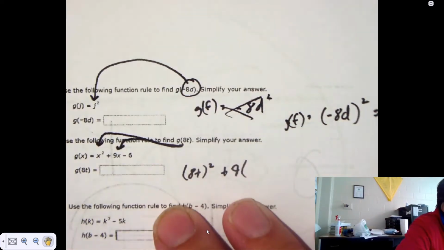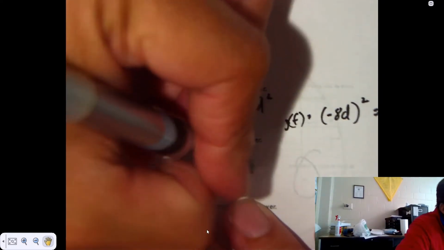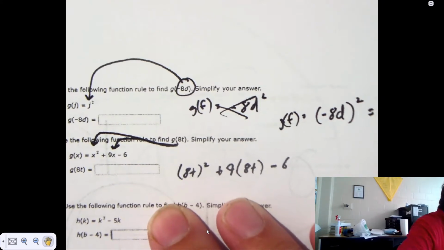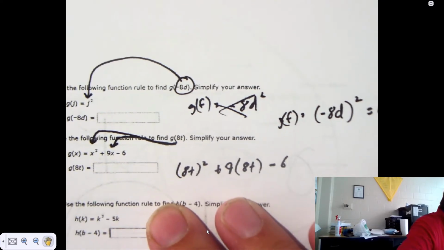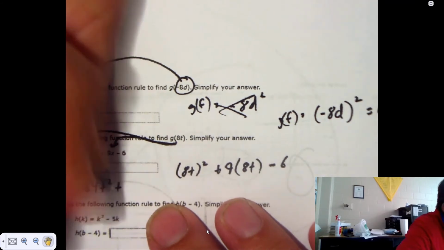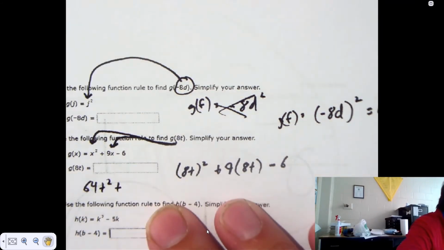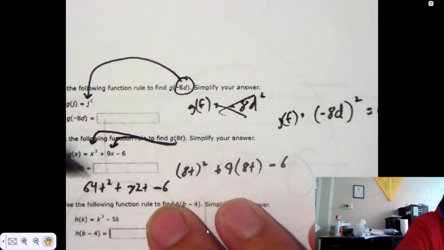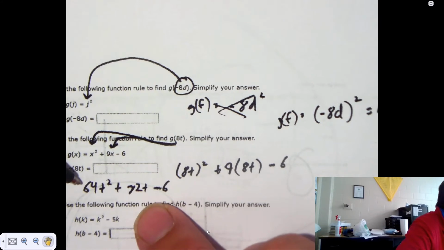Then we're going to have to add to that the product of that 8t and 9. And then take away 6. Does everybody understand what happened there? The simple substitution property. What do you get when you square that 8t? You get 64t squared. How about 9 times 8t? 72t minus 6.